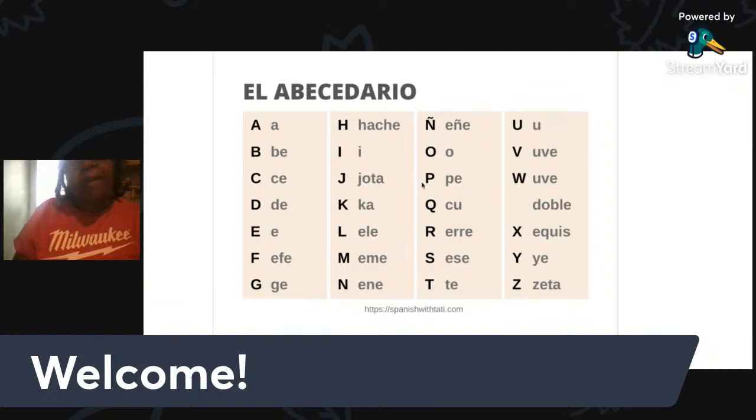O, P, Q. Q makes the QU sound, which is weird because if you see it, right, Q makes the K sound.